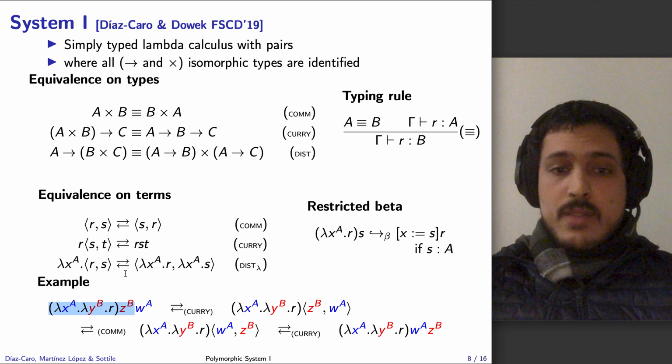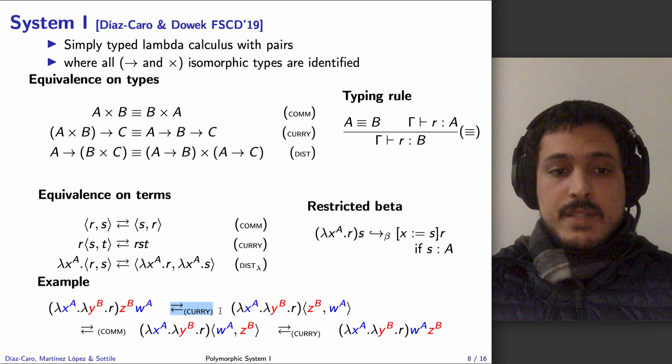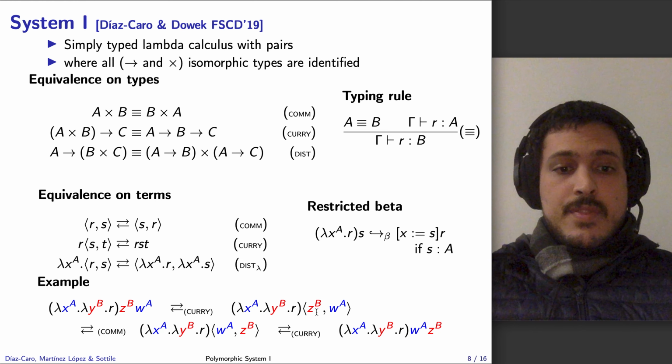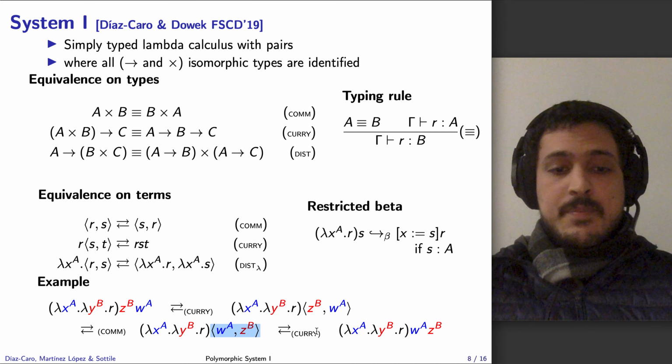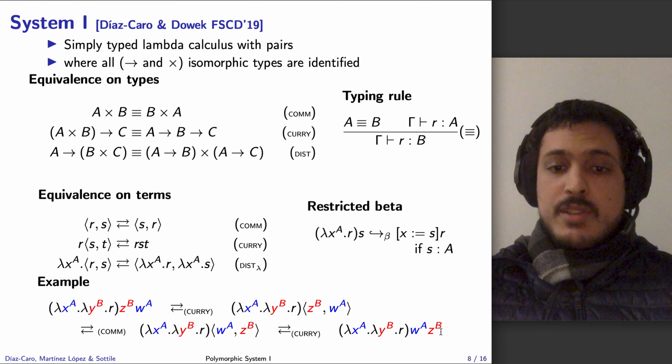But now that we are considering the equivalence on terms, this term via the curry equivalence gets transformed into this other one, because we have two arguments, we have a pair here. This pair can now be swapped by the commutativity equivalence into this other pair, and this whole term can be transformed by the curry equivalence again into this term, which is what we are used to seeing, and this is fine.